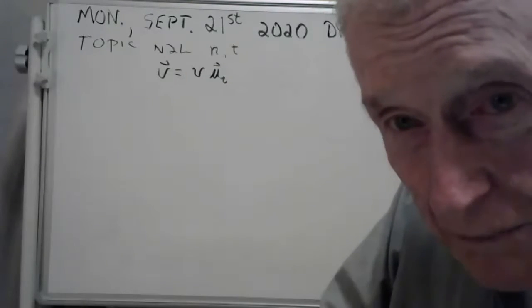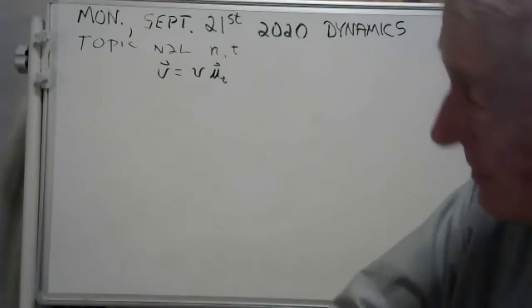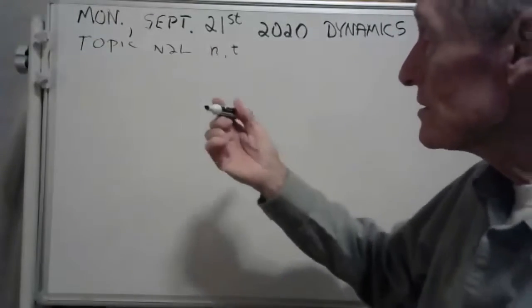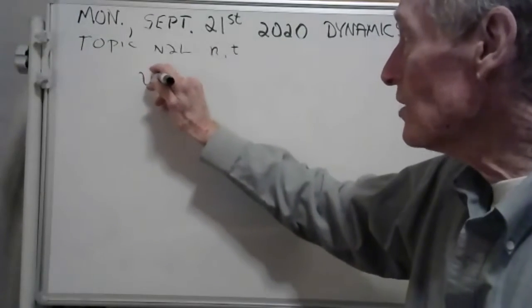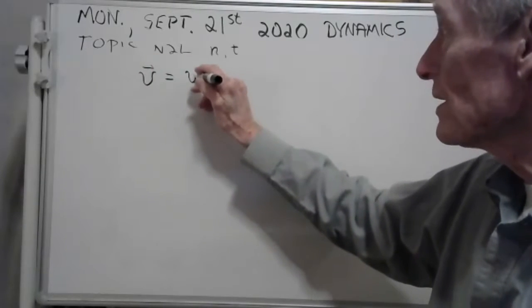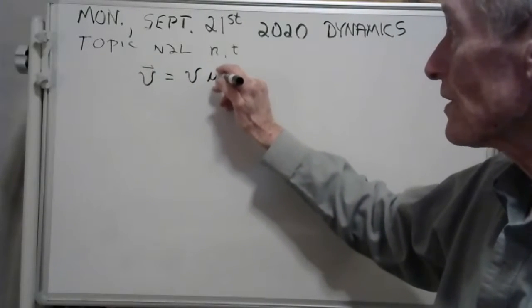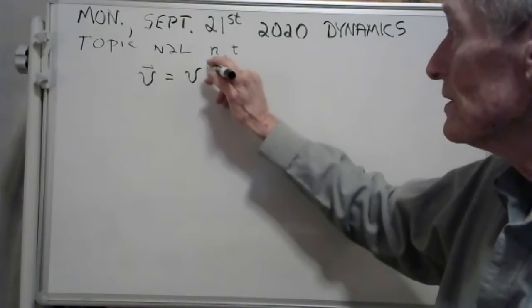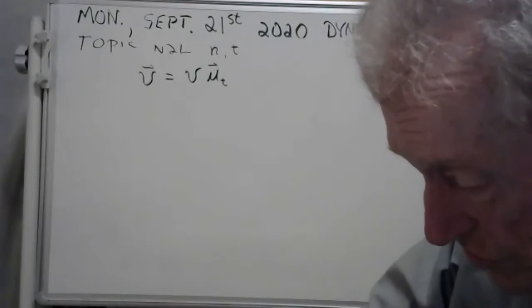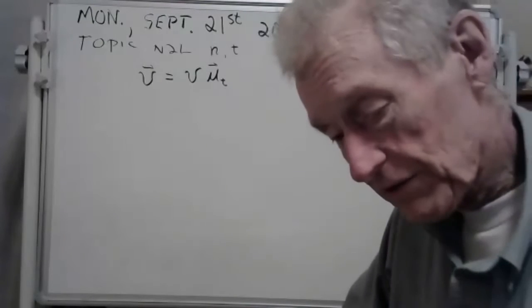I wonder if I'm writing that big enough. Let me see if I can write bigger. See, the velocity vector is equal to the magnitude of the velocity vector times the tangential unit vector.